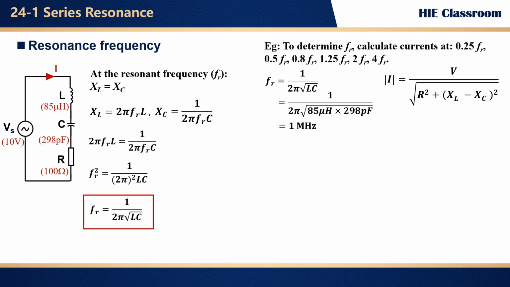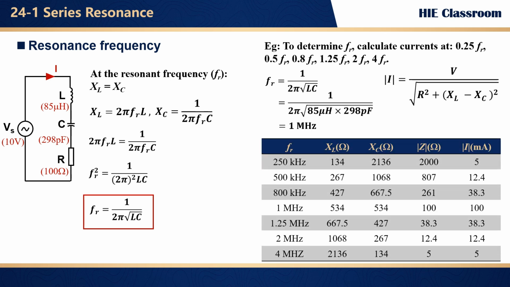So at each frequency, we calculate XL, which is 2 pi times the frequency times L, and XC, which is 1 over 2 pi times the frequency times C. Then plug them into this formula with V equal to 10 volts and R as 100 ohms. Then we can get a table of values. I won't bother you with every step, but imagine we work it out for all the frequencies. Here are the tables with the results filled in.